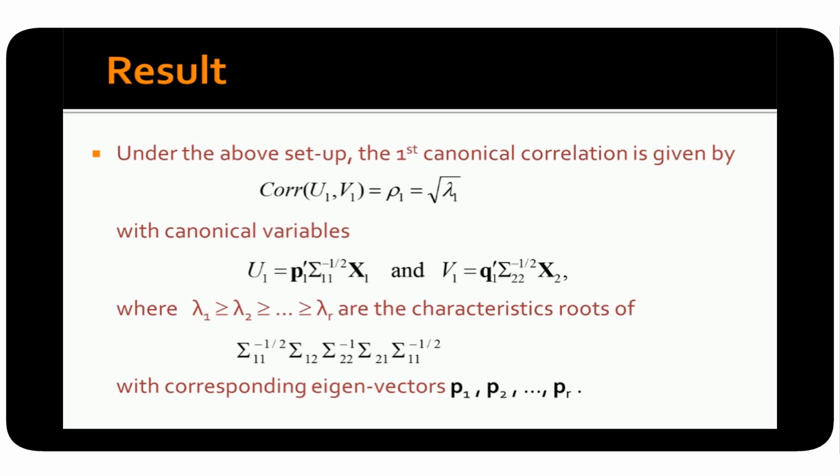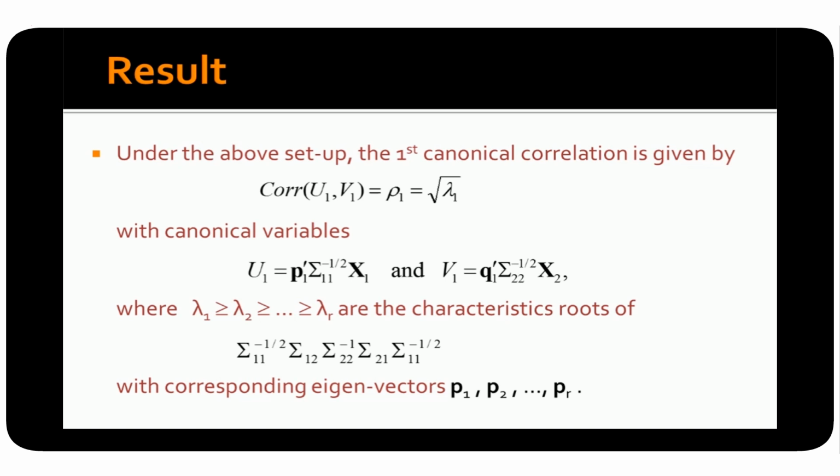I will come and explain what lambda 1 is, and the corresponding canonical variables would be U1, which is P1 prime sigma 11 to the power minus half x1, and V1, which is Q1 prime sigma 22 to the power minus half x2. The remaining sigma 11 and sigma 22 are known to us already. Now, what will be this lambda 1, P1 and Q1?